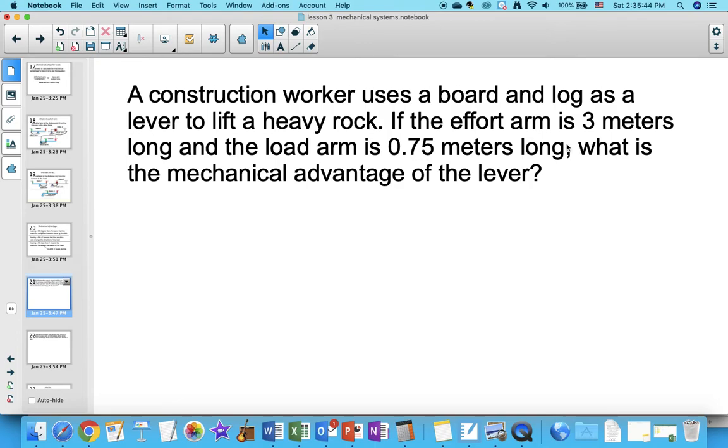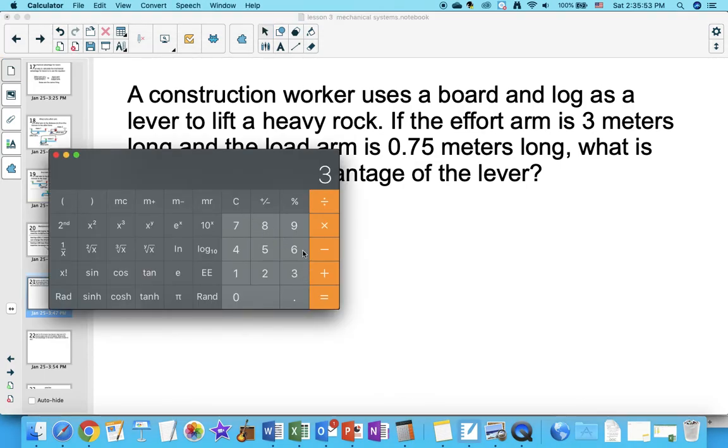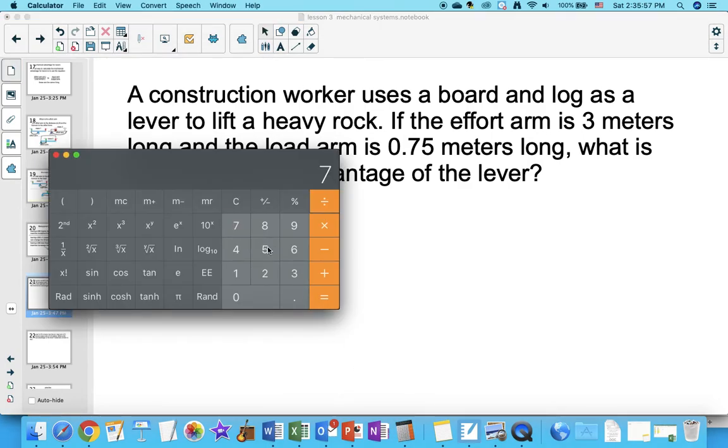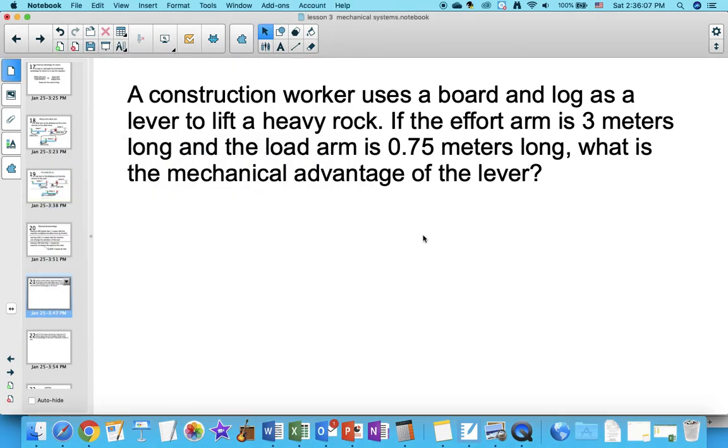We're using the arm. So it'll be effort arm over load arm, which would be 3 divided by 0.5, which is 4. Wait, that is 6. Correction aside, the speaker states: we have a mechanical advantage of 4.